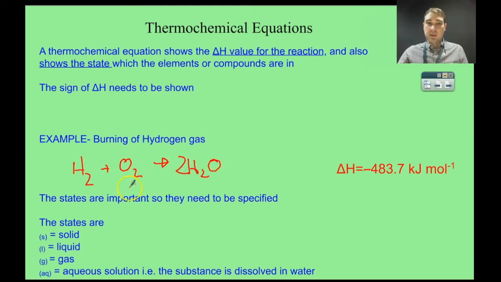So we need to double that one, so we get twice as much. So now we've got 4 hydrogens, so we need to double this one. Now we need to do our states. So we've got gas for hydrogen, gas for oxygen, and then water here will be liquid. Now, if you did this, normally you would produce gaseous water because it's quite a high temperature, but we're assuming the single conversion to liquid, and that gives us our specific enthalpy value.